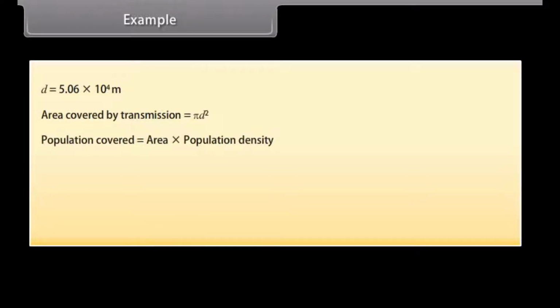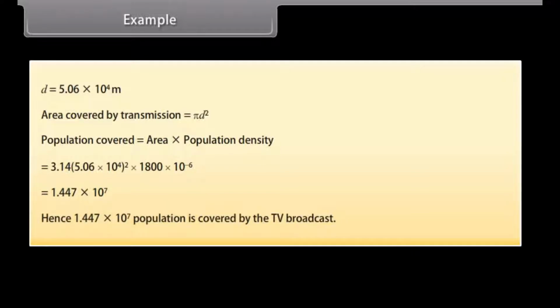Population covered is equal to area times population density. Now, put the values and calculate. We get the value 1.447 × 10^7. Hence, 1.447 × 10^7 population is covered by the TV broadcast.